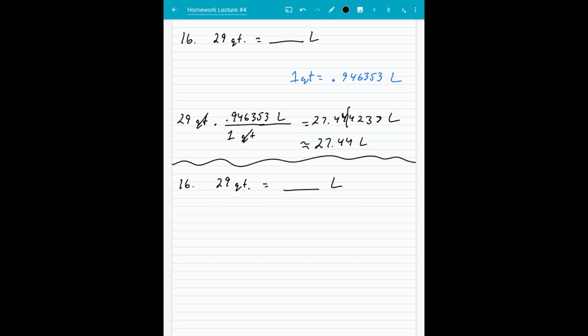And we're going to convert it. But this time, what if I looked at the blue column on the conversion chart? If you look on the left side, all we need is one that says liters and quarts. That's our goal. It just has to say liters and quarts. There is one, and it says for every 1 liter, there is 1.05669 quarts.